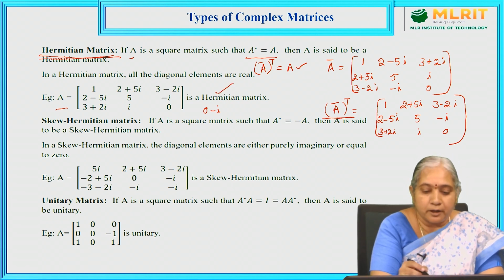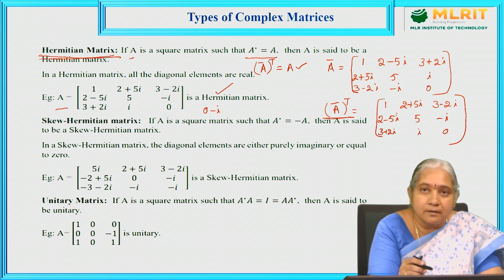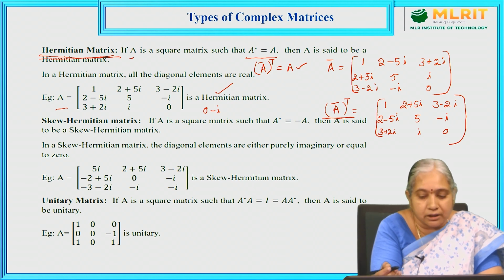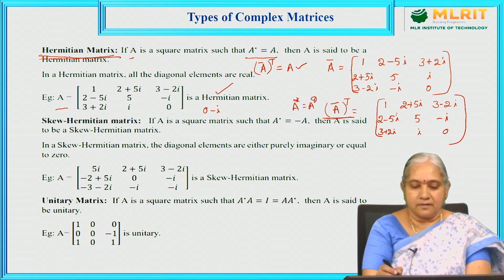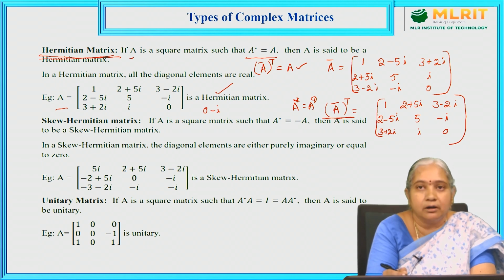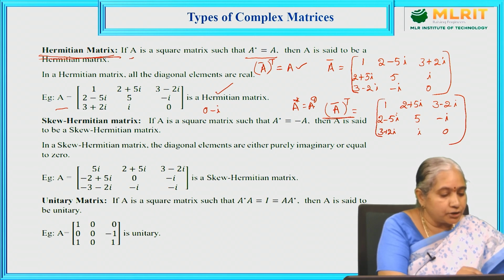So the definition of a Hermitian matrix is A conjugate transpose equal to A, and we can denote A conjugate transpose as A power theta or A star. This is the notation of the conjugate transpose of the matrix. Now we see the definition of a skew Hermitian matrix.